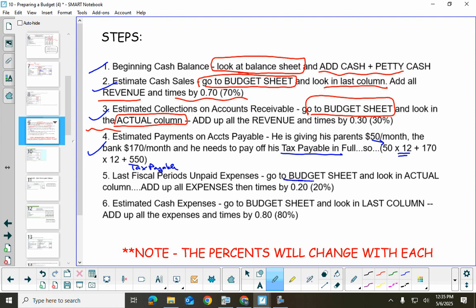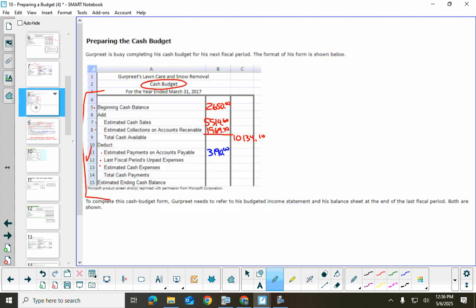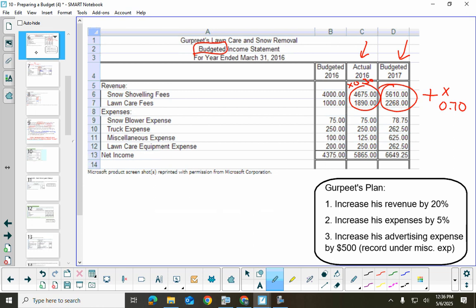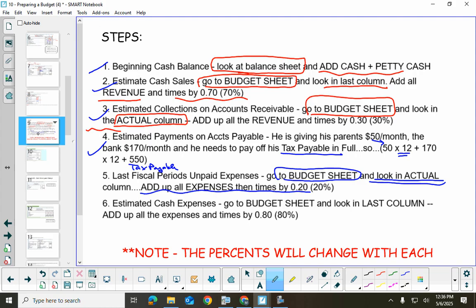Go to the budget sheet, look in the actual column, add up all the expenses, and times it by 20%. Was it 20? Yes, 20%.